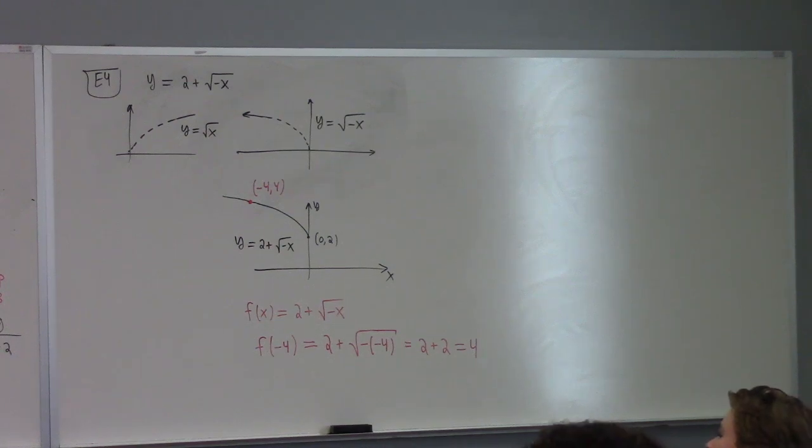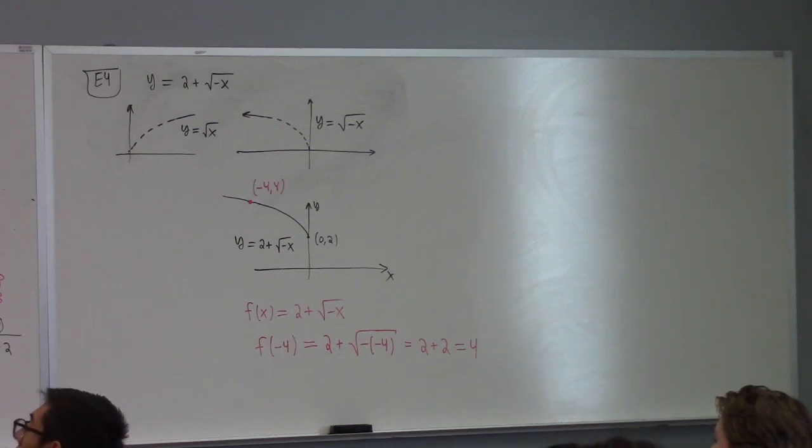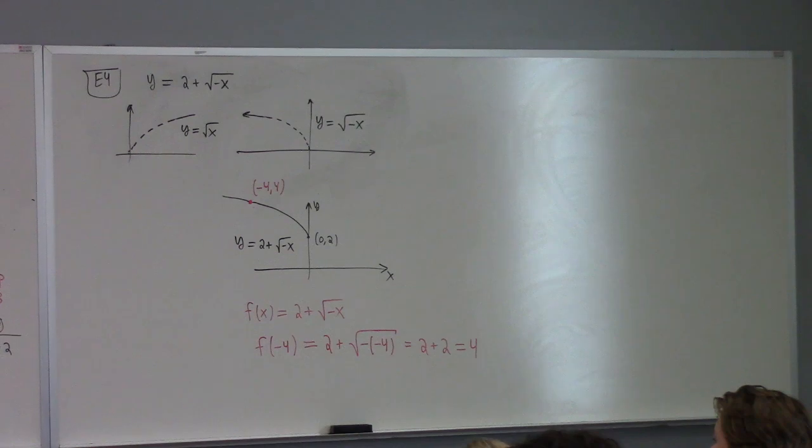Definition: if f of minus x is equal to f of x, then f is an even function. On the other hand, if f of minus x is equal to minus f of x, then f is an odd function.